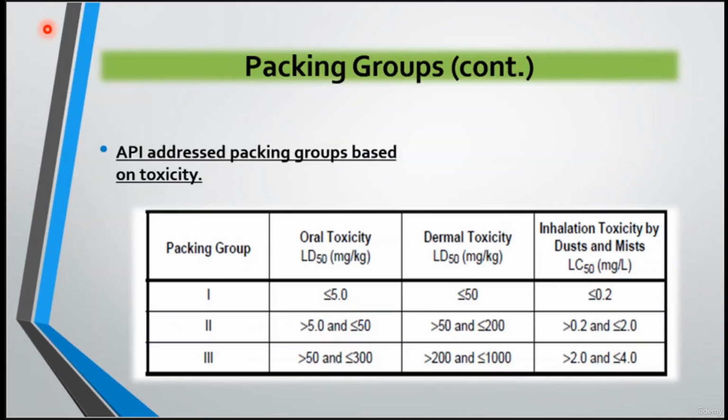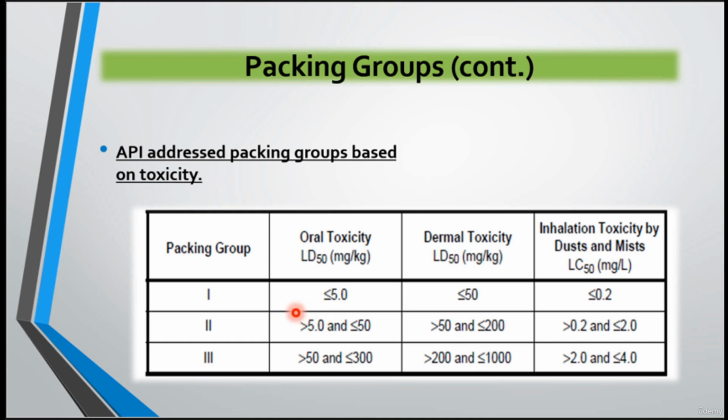So API addresses the packing groups based on toxicity. You have multiple levels of dangers, but API Recommended Practice 754 addresses the packing groups based on toxicity. So you have packing group levels 1, 2, 3 for oral, dermal, and inhalation toxicity. For group 1, you have the lethal dose 50, or lethal concentration 50, less than or equal to 5 milligrams per kilogram.